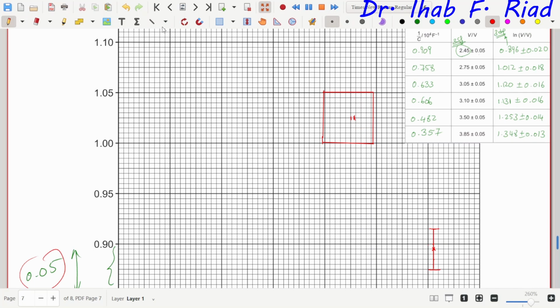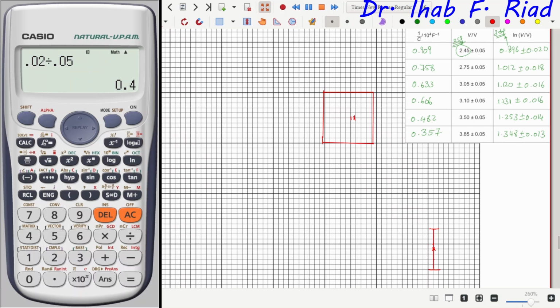It is 1.012. Then we say 1.012 minus 1, divided by 0.05. How many squares are they? It is 0.24, meaning two small squares and a fraction.